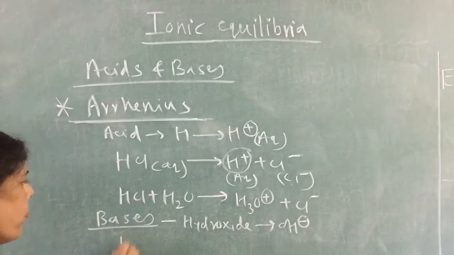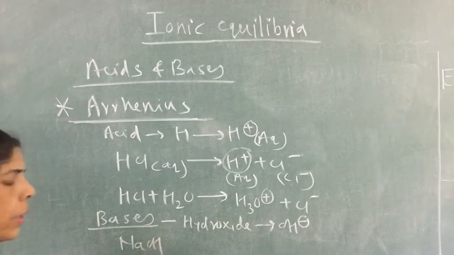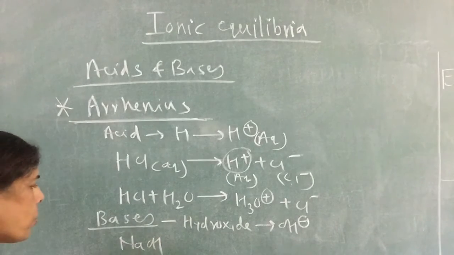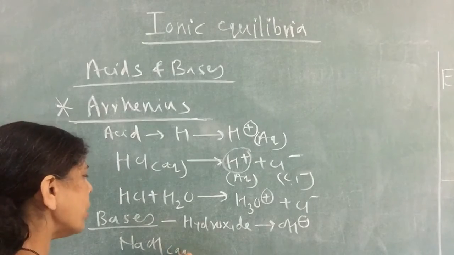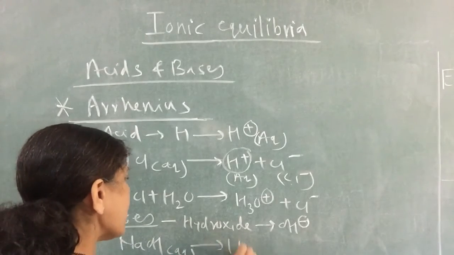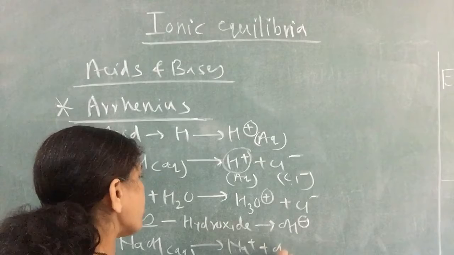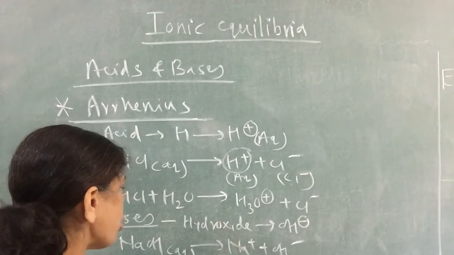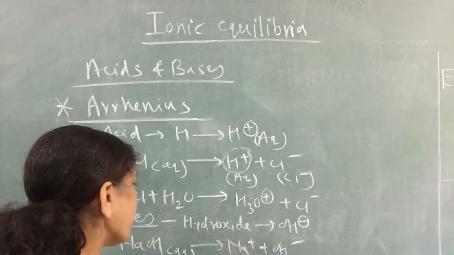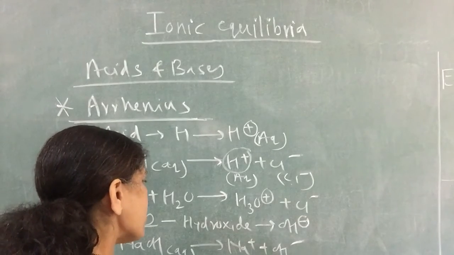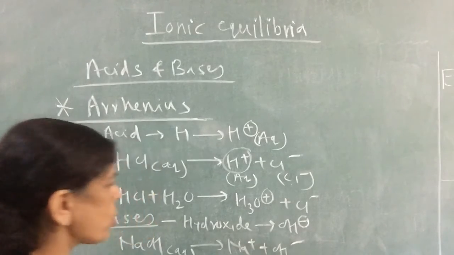For example, NaOH, KOH, NH4OH, isn't it? So NaOH, when dissolved in water, produces Na+ and OH- ions. NH4OH is a weak base and therefore the reaction is reversible. So NH4+ and OH- in aqueous solution.